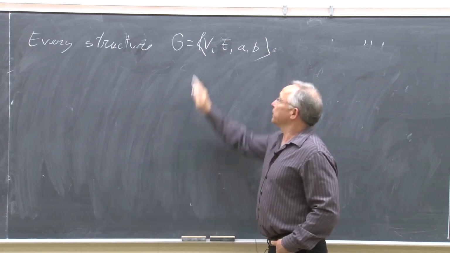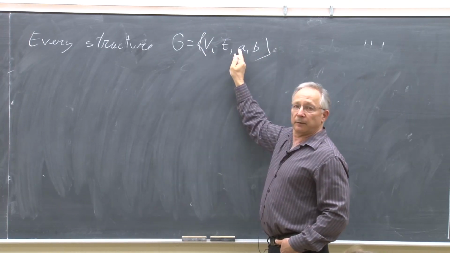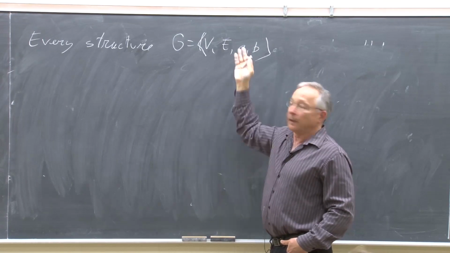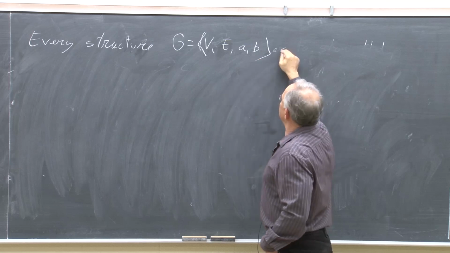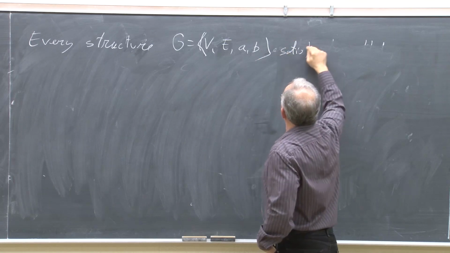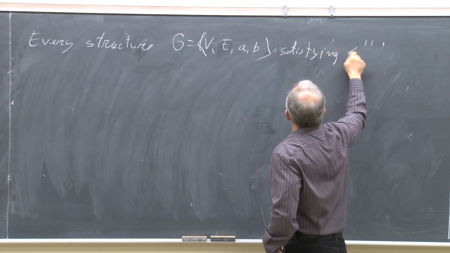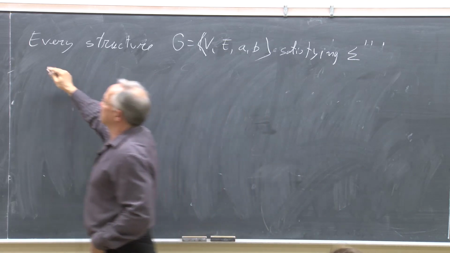It's a graph with vertices, edges, and an interpretation for A and an interpretation for B, which are specific vertices. Every structure satisfying sigma is not connected.